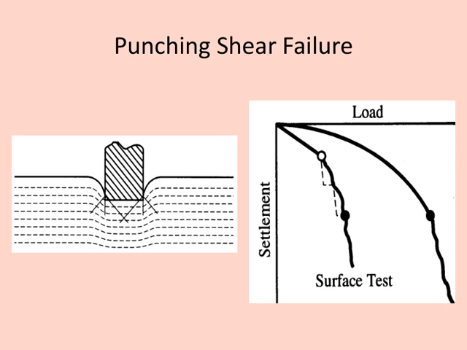This type of failure is particularly dangerous because it can happen suddenly and without much warning, often resulting in catastrophic consequences for the structure. That's why properly designing against punching shear is so essential in our overall structural safety strategy.